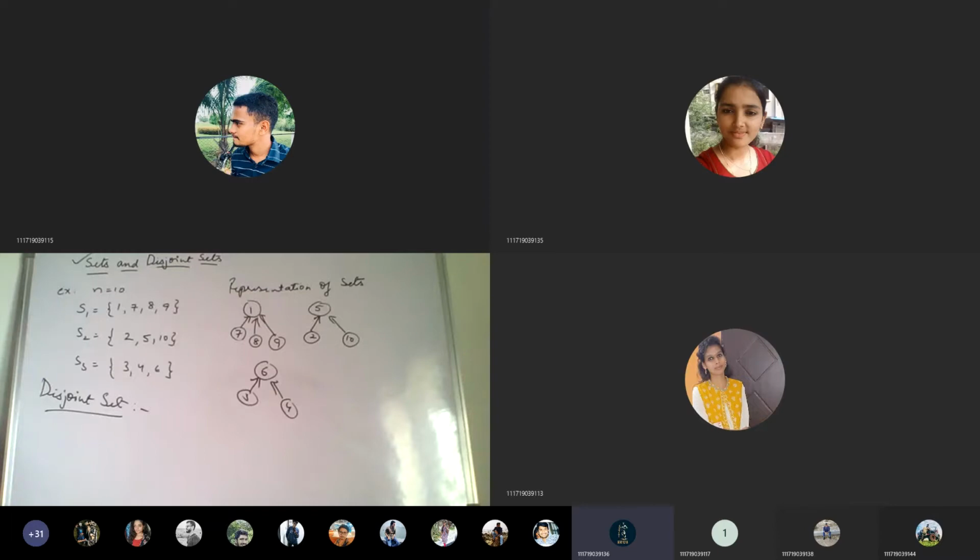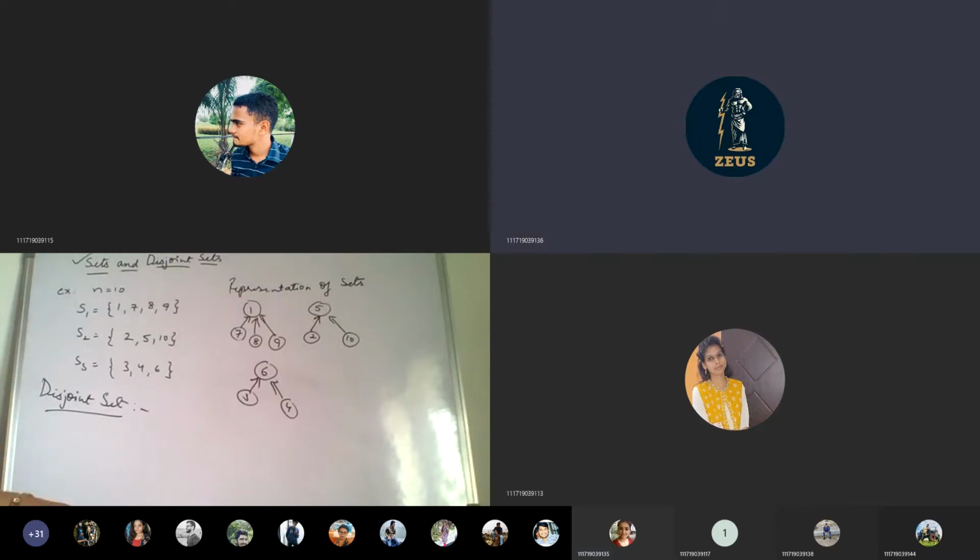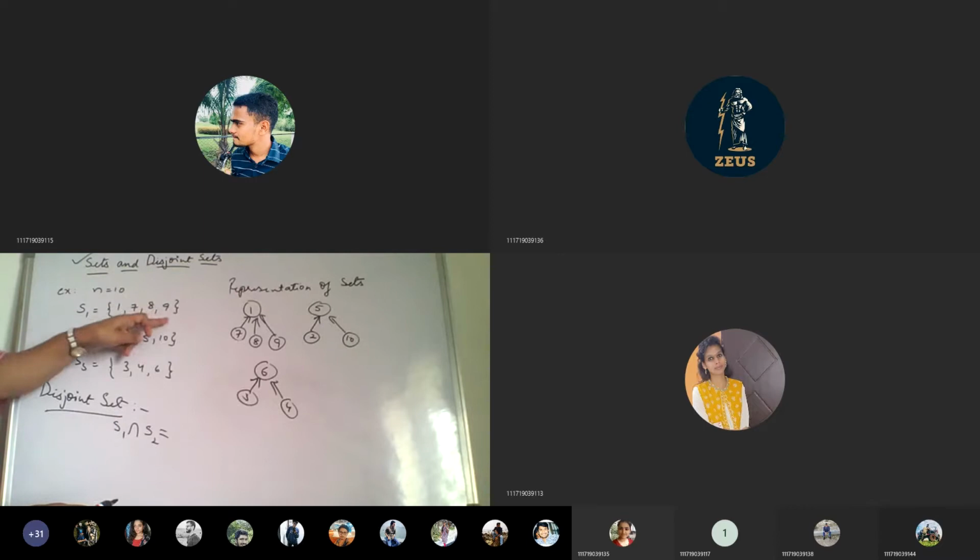No common elements. Yes, good. So a disjoint set means, suppose I take S1 intersection S2. Intersection means the common elements. Are there any common elements between S1 and S2? Here I have 1, 7, 8, 9. Here I have 2, 5 and 10. Are there any common elements in these two?